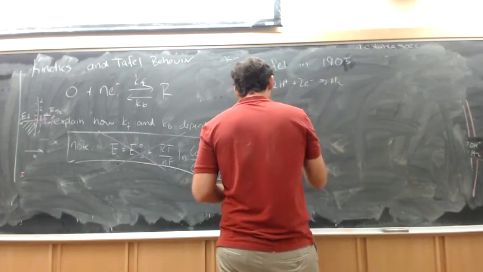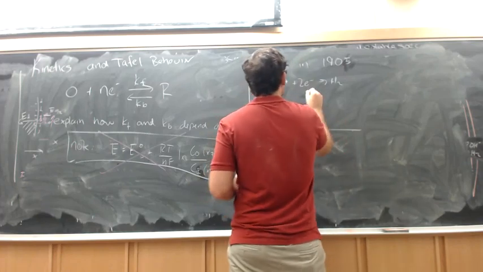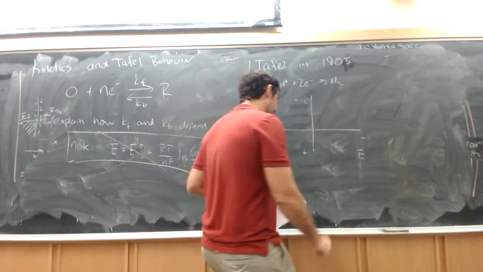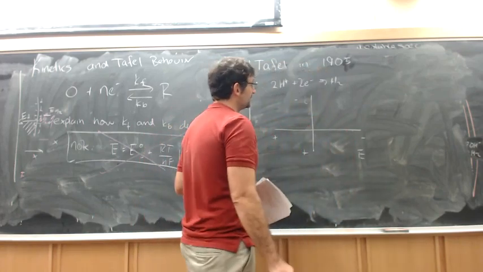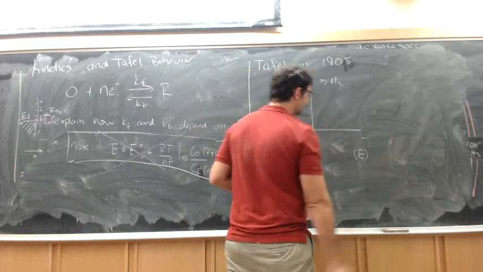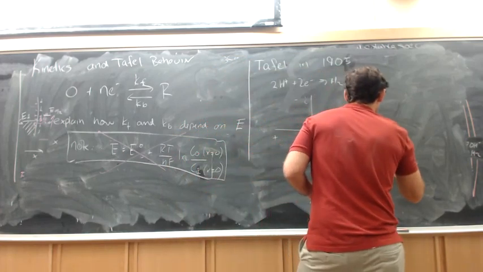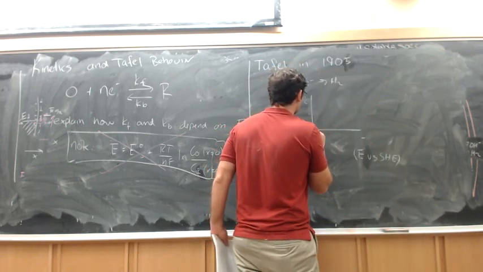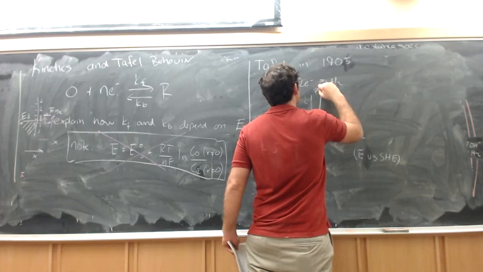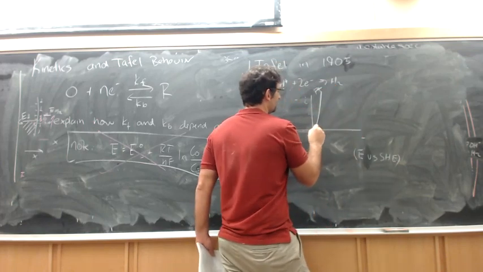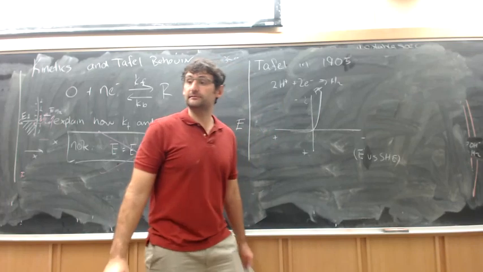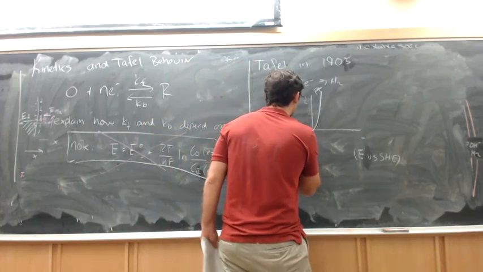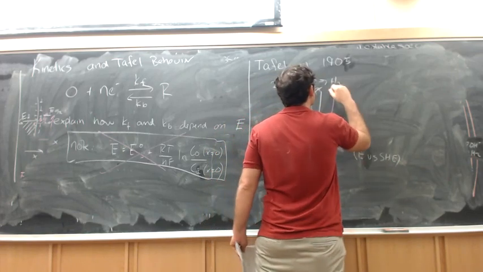And what he noticed is if you plotted the current versus the applied potential, and we'll do versus standard hydrogen electrode, and you did this in acid, what you'd see is for platinum, it would look like this. So right at the standard potential, you'd start to get a lot of current, making hydrogen. But if you did something else, like nickel, nickel might look like this.